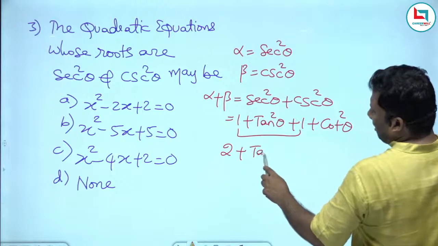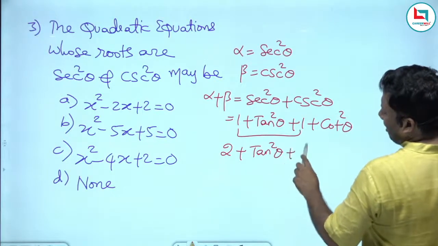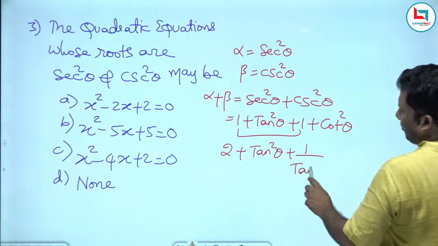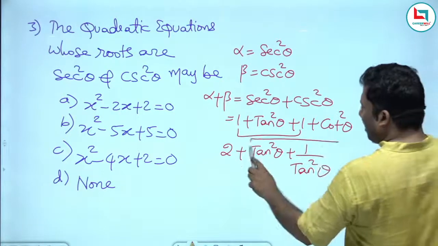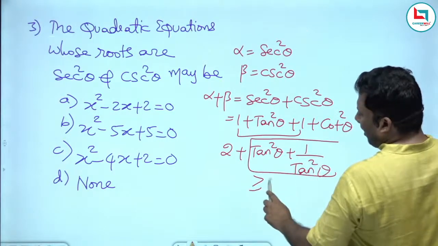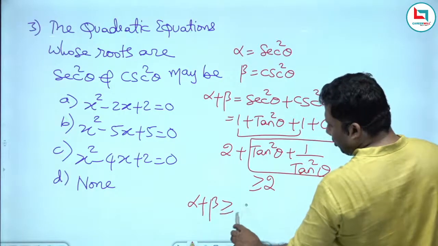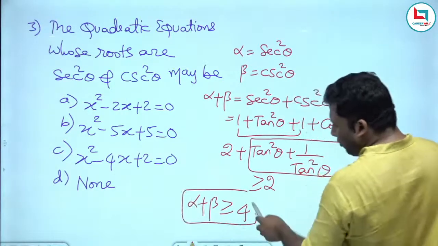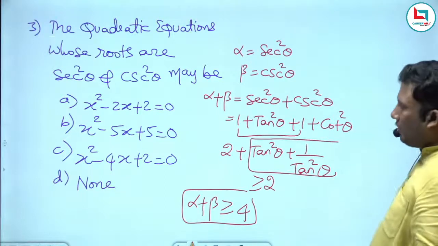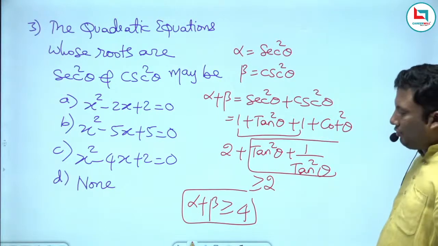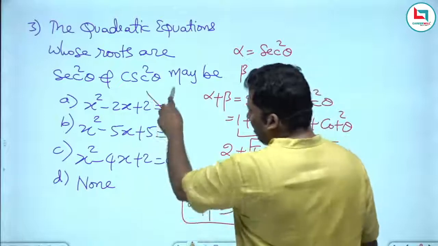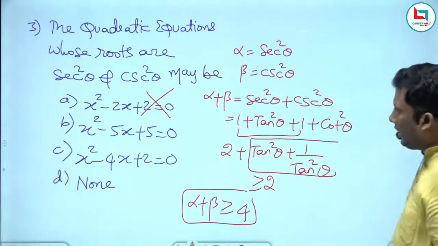Tan square theta plus cot square theta can be written as a variable and its reciprocal. Minimum value 2. That means the minimum value of the sum of the roots is 4. So the first option is out.